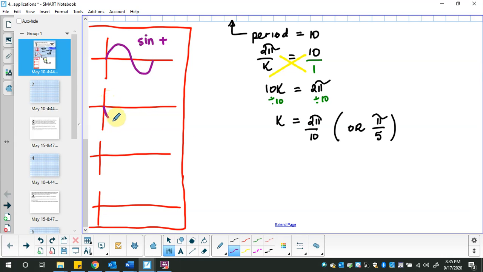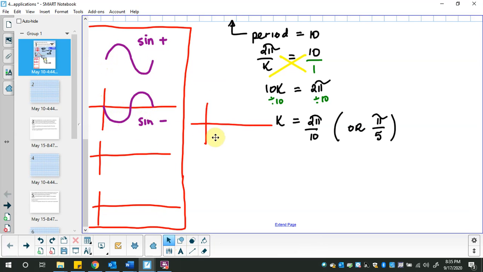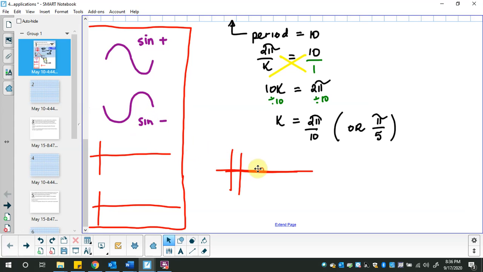You also have a curve that looks like this. And that is the sine curve when it's negative, meaning that if I take away the axis, you start at the middle, you go up first, down second for this one. You start at the middle, you go down first, up second for this one.